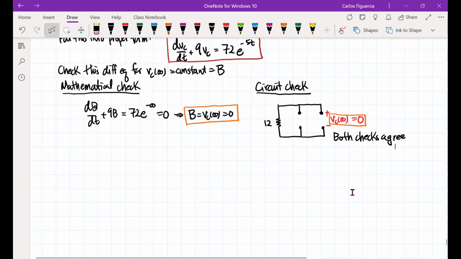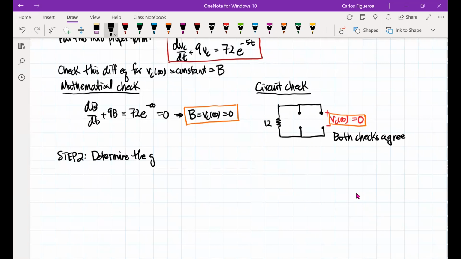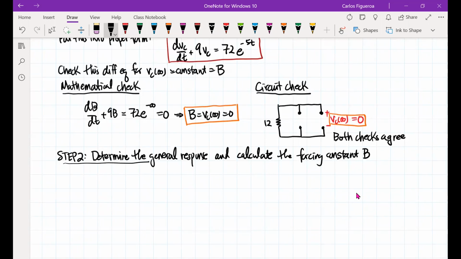So now that I have that, I'm going to go to step 2. Here we go. Step 2. I want to determine the general response and calculate the force and response constant B. So now here we go.